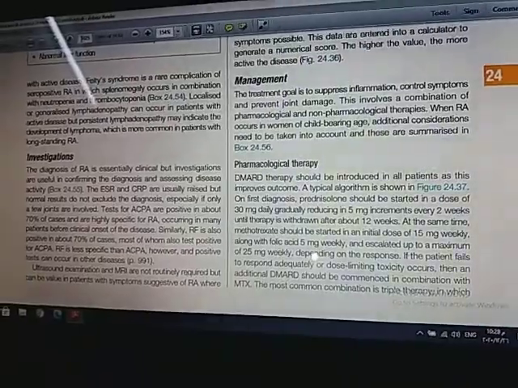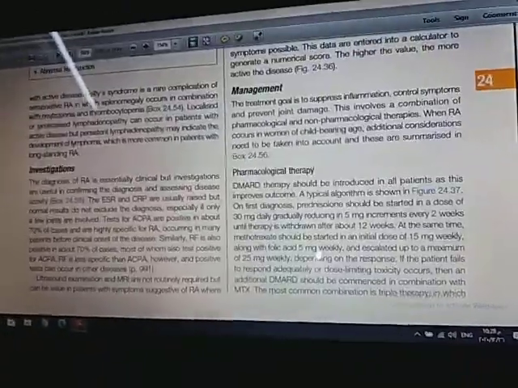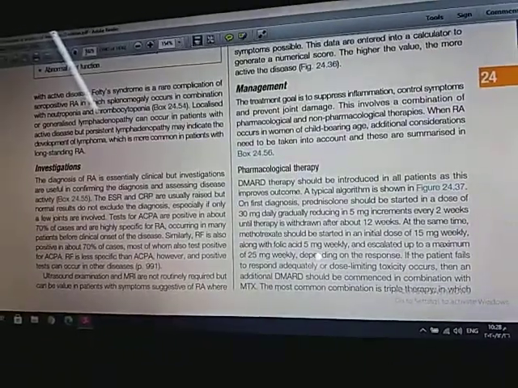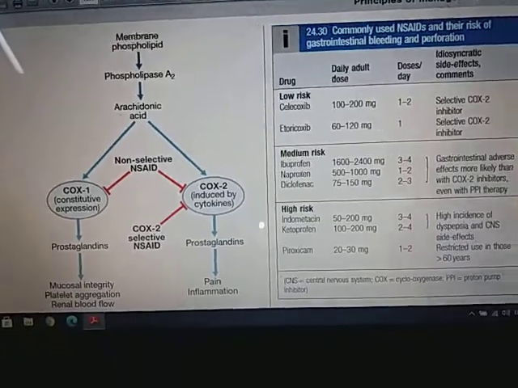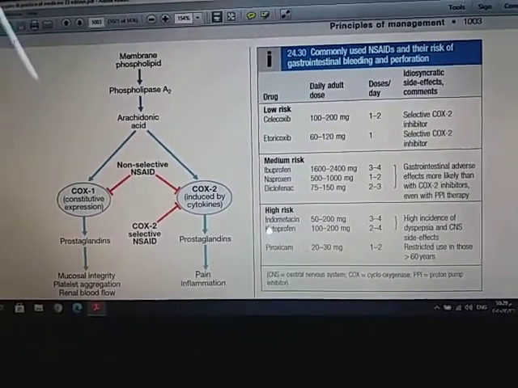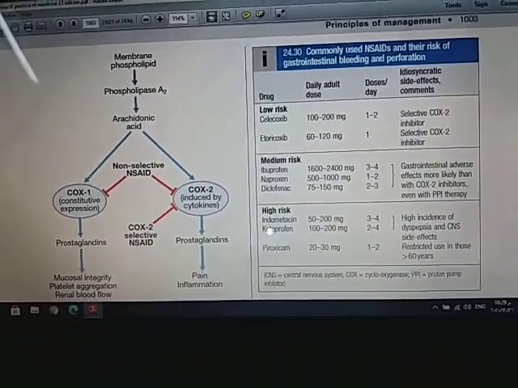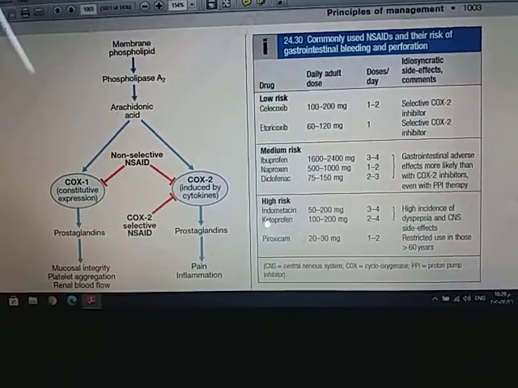Other side effects of non-steroidals include fluid retention and elevation of blood pressure. So blood pressure elevation is one of the complications of non-steroidal use.